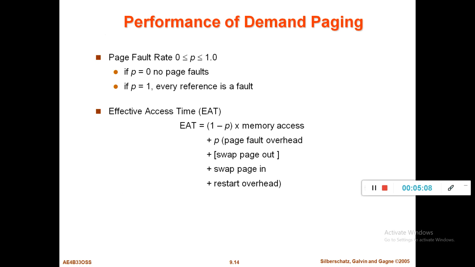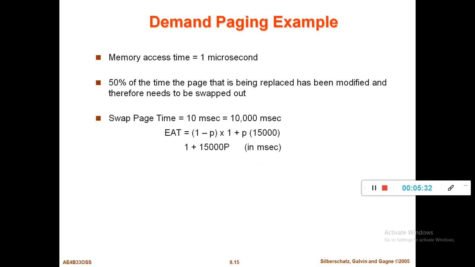If there are free frames, there is no need to swap out, and this time is optional here. If it is required, then only it will be swapped out. Swap page in: what is the time required here. Then the restart overhead: the instruction which was aborted due to the page fault is going to be restarted after loading that missing page into the memory.